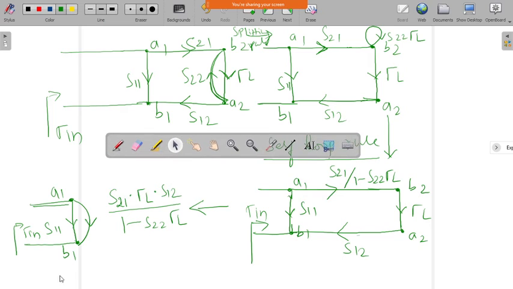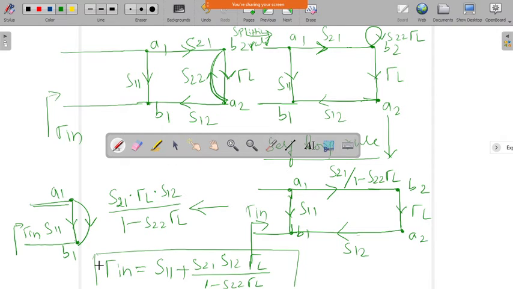Finally, we can write gamma in equal to S11 plus S21 S12 gamma L divided by 1 minus S22 gamma L. This is the expression for the input reflection coefficient in terms of the S parameters and the load reflection coefficient. Now we will see how we can reduce the SFG in a similar way to obtain gamma out, that is, the output reflection coefficient.